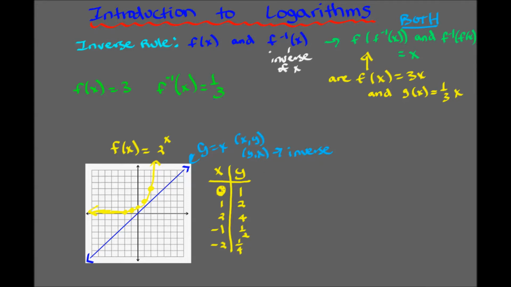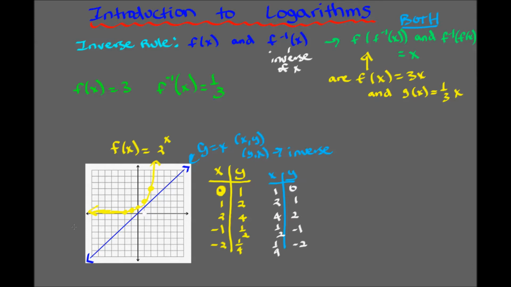We have the point (0, 1) in the function, which means that in the inverse, the point will now be (1, 0). So let's make a table of values for the inverse function: (1, 0), (2, 1), (4, 2), (1/2, -1), and (1/4, -2). Now let's plot this, in a different color.